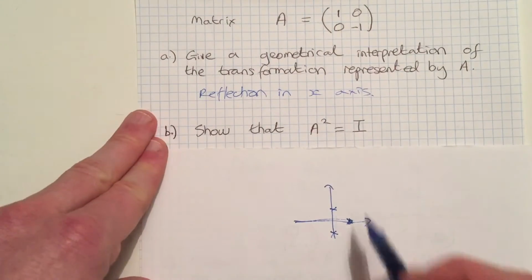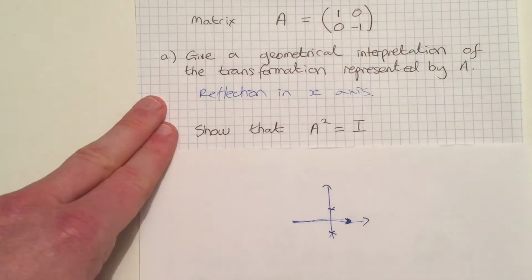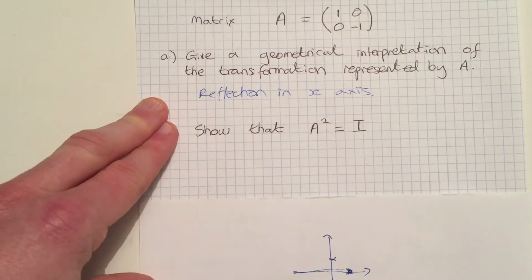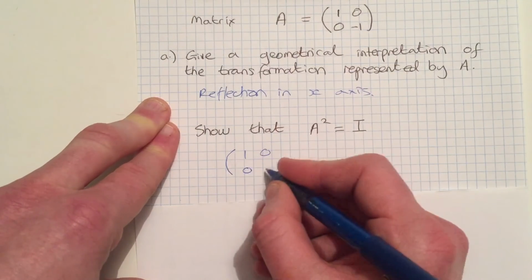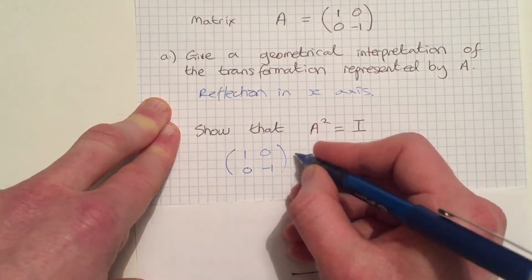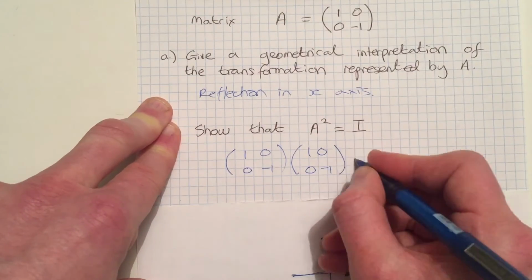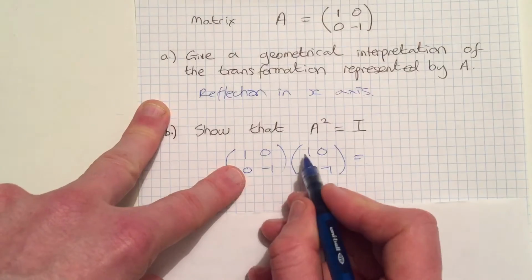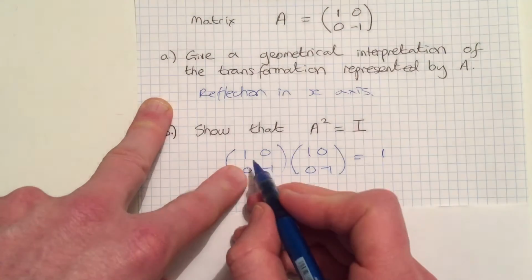Part B, I need to show that A squared is equal to the identity matrix. So if I do 1, 0, 0, minus 1, that's A multiplied by A. I've got 1 times 1 plus 0 times 0, which is 1.